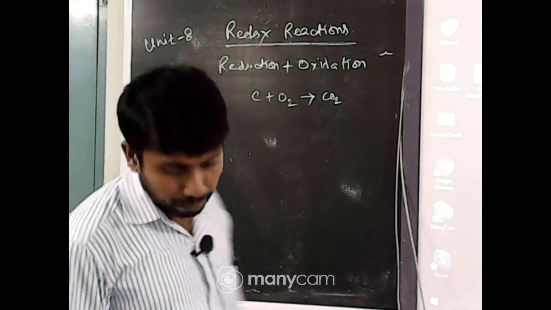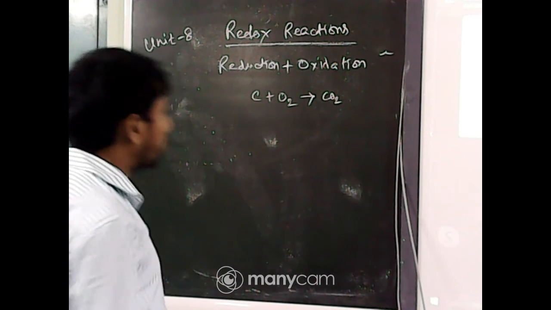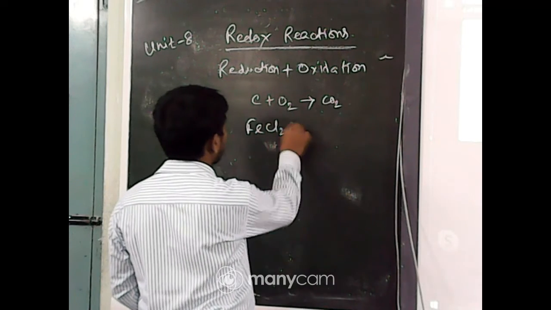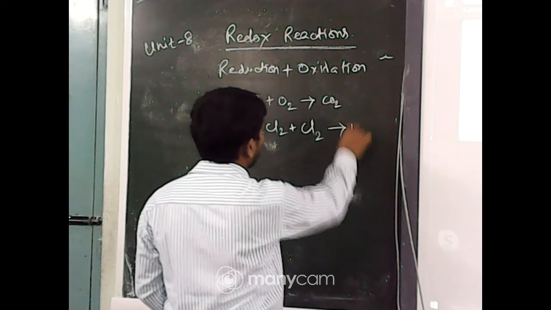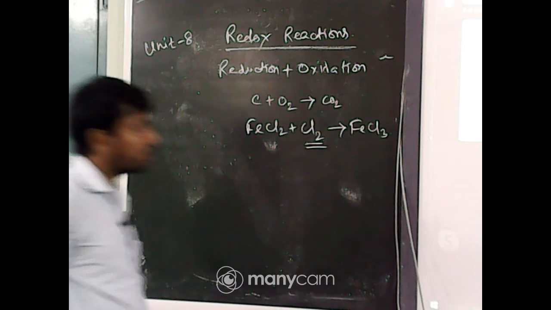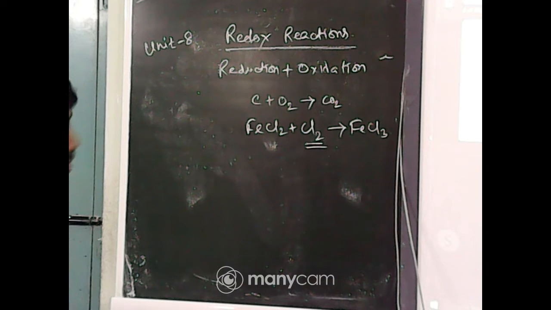Here in the examples, C plus O2 forming CO2, and FeCl2 plus Cl2 forming FeCl3. Here chlorine is electronegative, a non-metal, so it is also called an oxidation reaction.